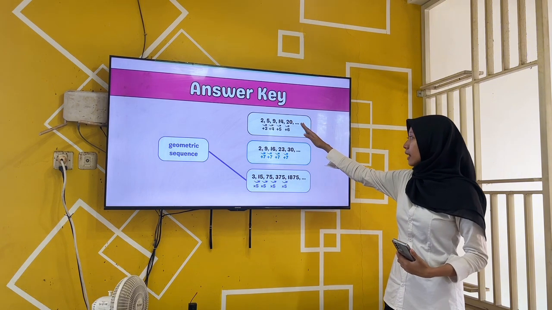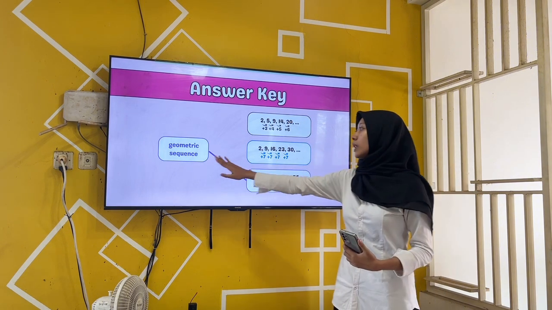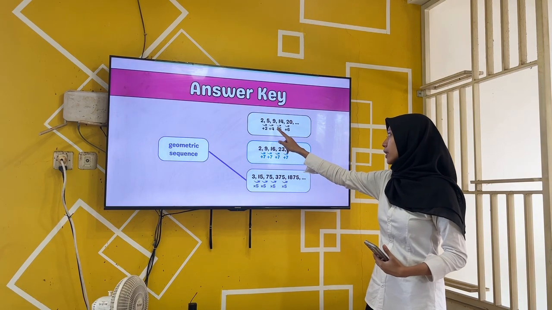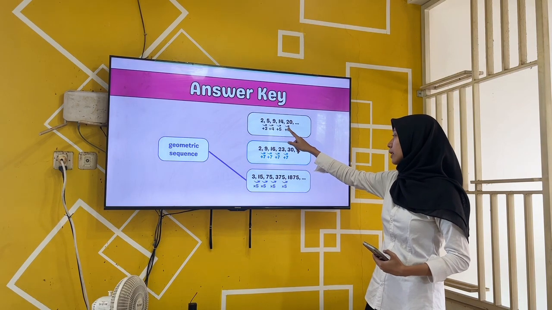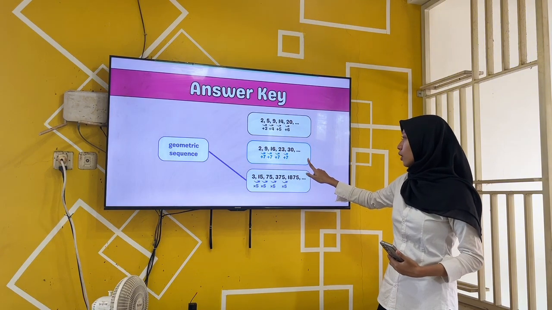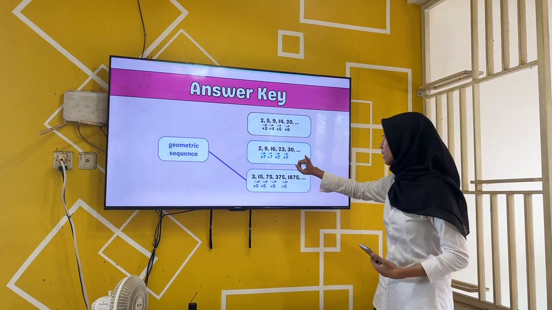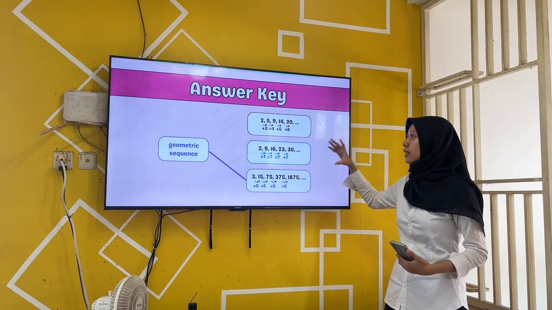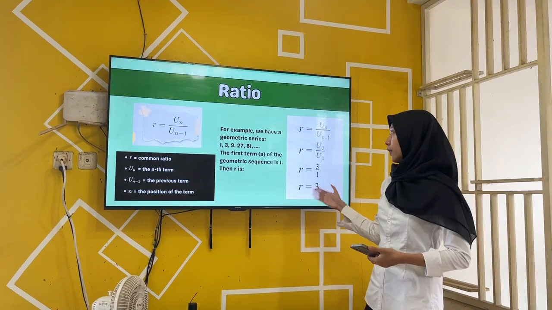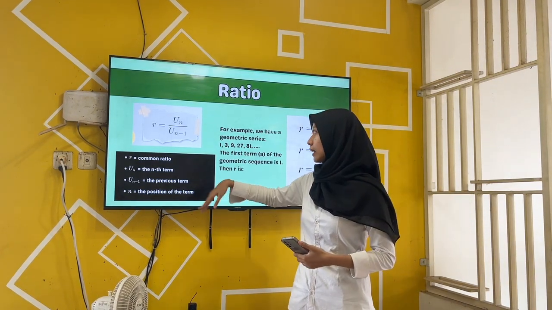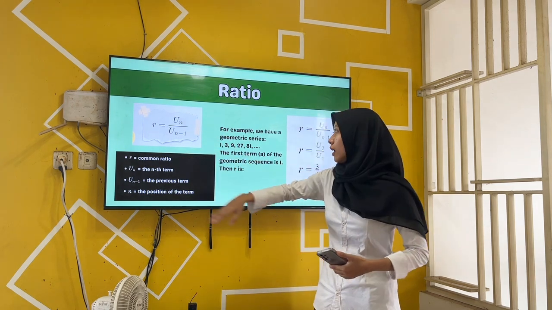And this is neither, because the differences are plus 3, plus 4, plus 5, plus 6. And this is not a geometric sequence because the difference is plus 7, so this is an arithmetic sequence.